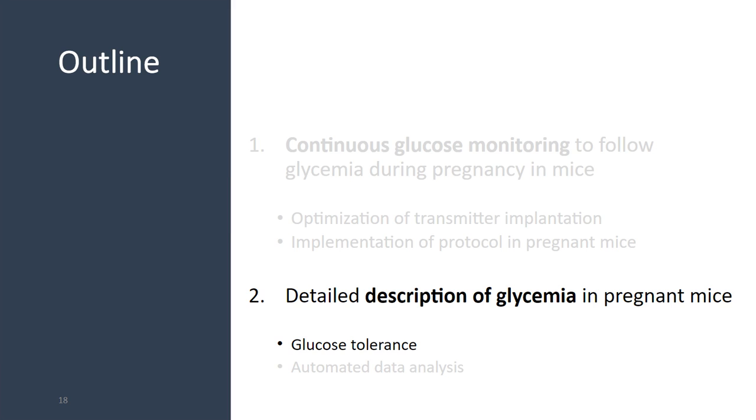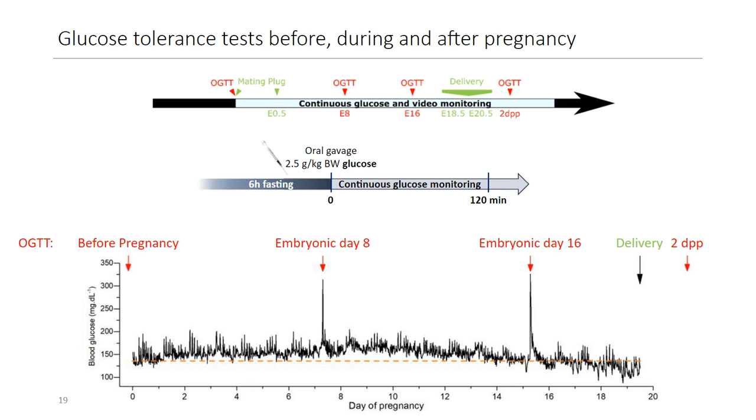So then we will move over to the results section, where I will explain some more about the detailed description of the glycemia in pregnant mice, and I will first talk about the glucose tolerance. As I said before, we did glucose tolerance tests before pregnancy, at embryonic developmental day 8, 16, and 2 days postpartum.